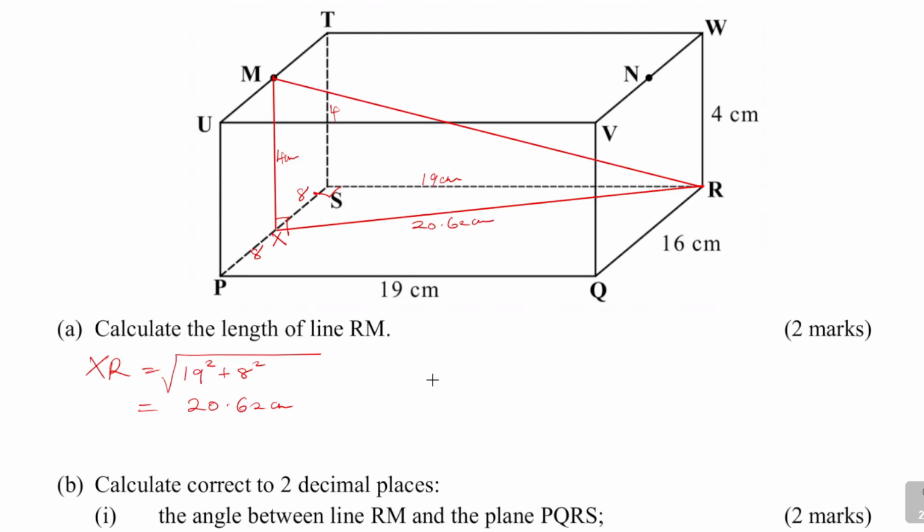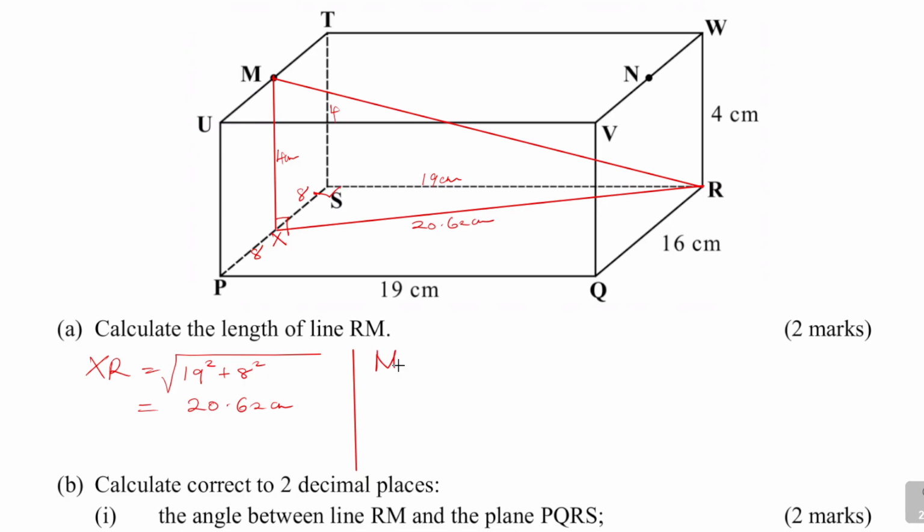Now let's go back to the triangle MXR, where we'll be able to calculate the length of RM, since we now have two sides. So MR will be the hypotenuse.